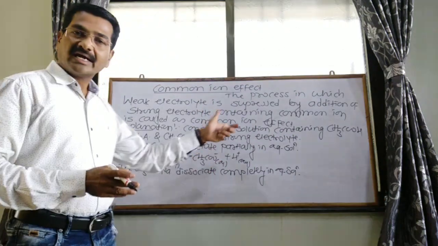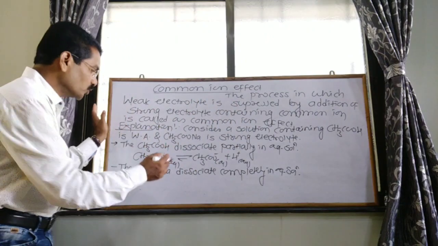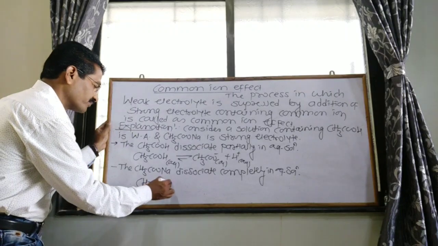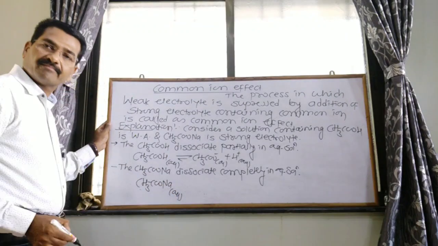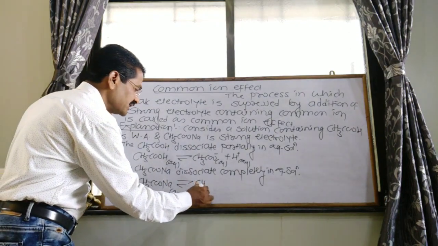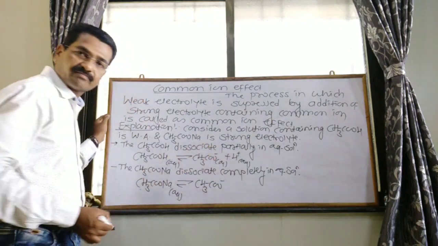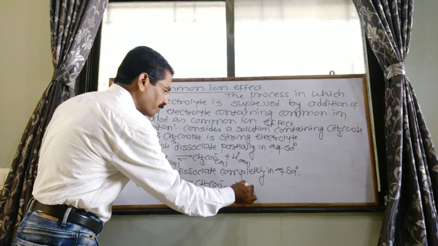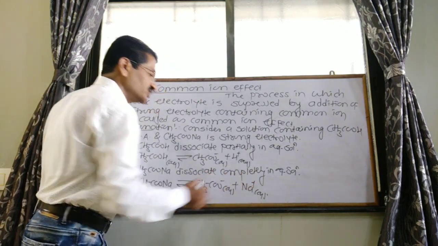So CH3COONa in aqueous solution dissociates to give CH3COO minus, that is acetate ions, plus Na plus.